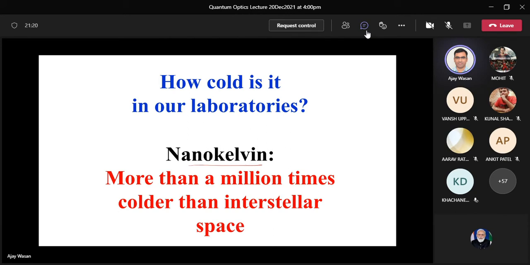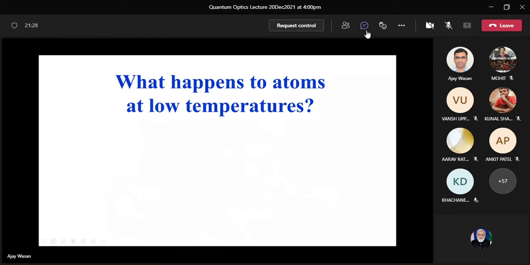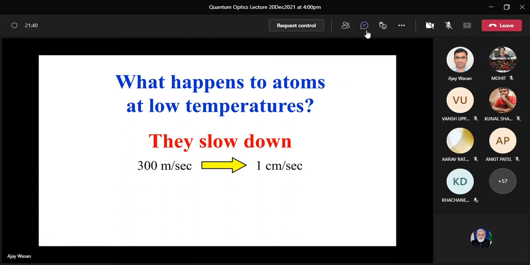Many laboratories all around the world, even in India, have done this. So what happens to atoms at low temperature? They slow down from 300 meters per second to 1 centimeter per second.